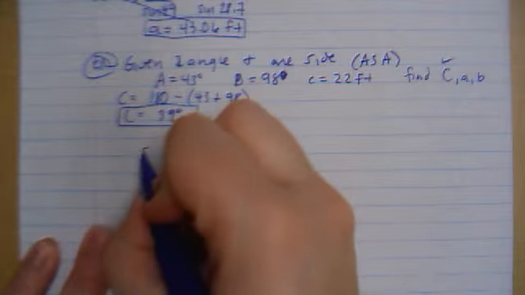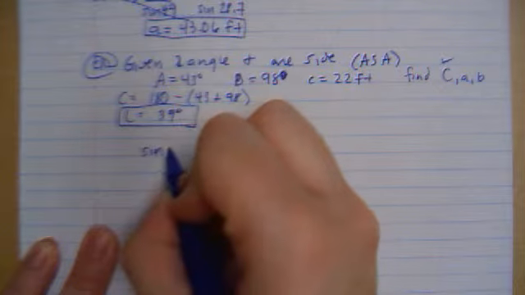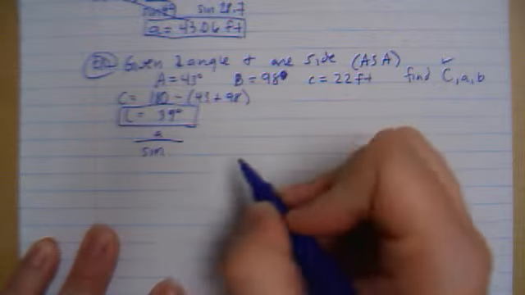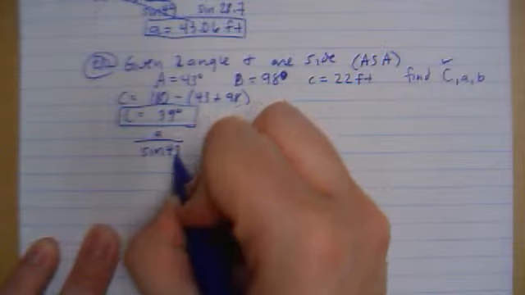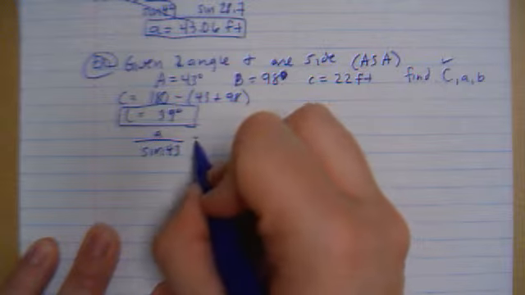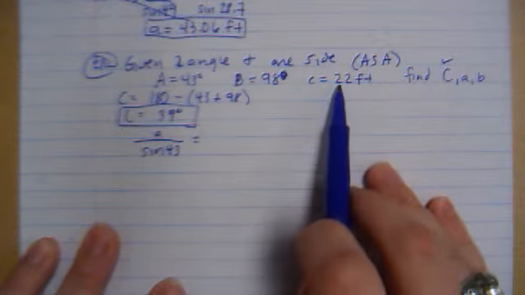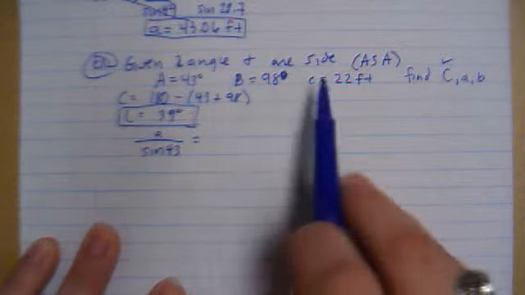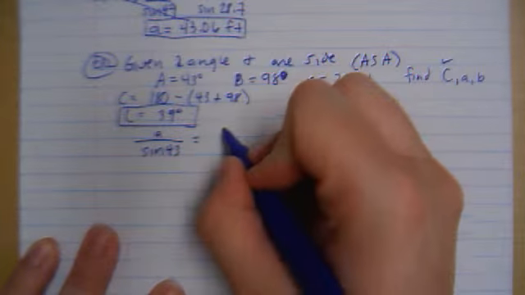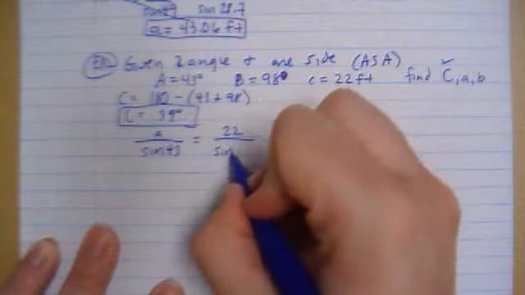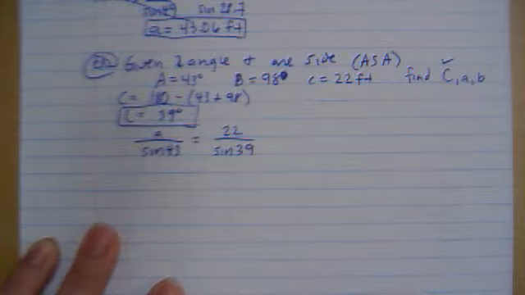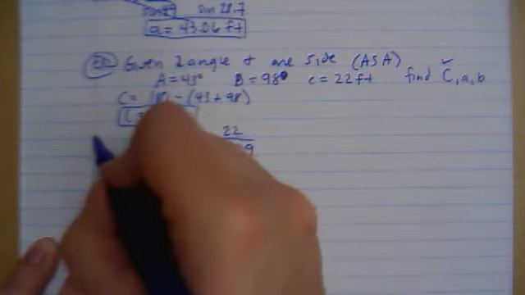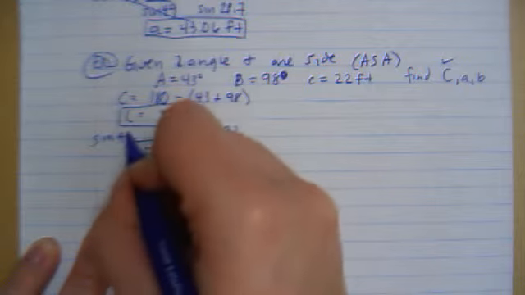I'm looking for little a: a over sine 43, because I need to use big A, equal to, and I'm given little c, so those are the two I'm going to use because I have both of them. So I have 22 over sine 39. Again, to get a, I need to multiply by this sine.